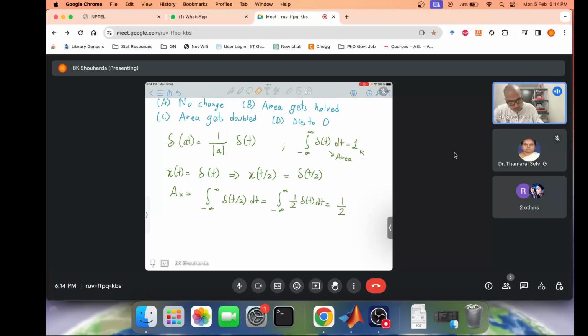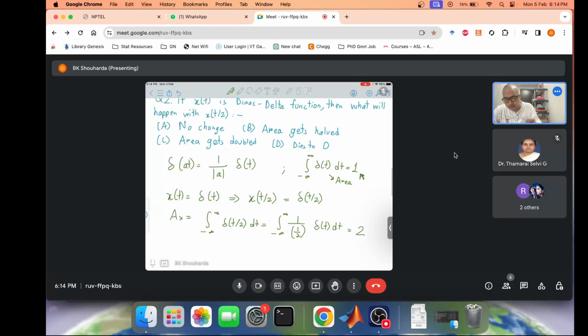There's a mistake over here: it's a is 1/2, so it will be 1 upon half of delta t, and using the property I mentioned, I get this as 2. So our area increases from 1 to 2, so our area gets doubled, and hence the correct answer will be option C.